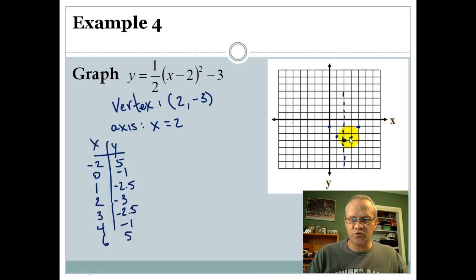If you didn't want to do those 0.5s, you could use the integer points instead. That's fine. It's still all on the same curve, just as long as you have enough on each side to get a general feel for the shape.